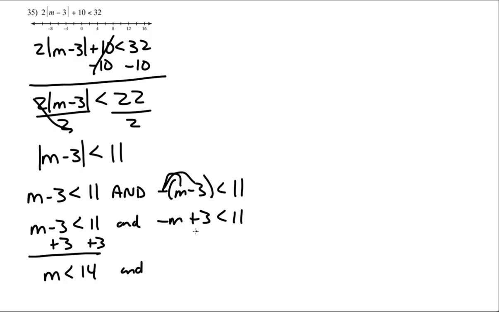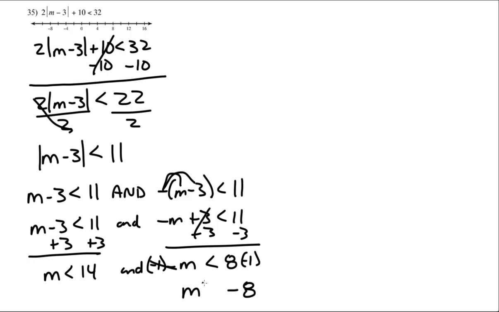And if I subtract 3 and subtract 3, I end up with negative m, those cancel, is less than 8. And so if I have negative m, if I multiply by negative 1, if I do that to one side, I have to do it to both. Negative times a negative becomes a positive. A negative times a positive becomes a negative. And because I multiplied by a negative, I flip my sign.